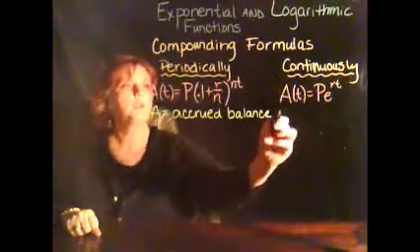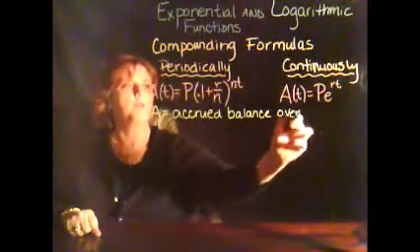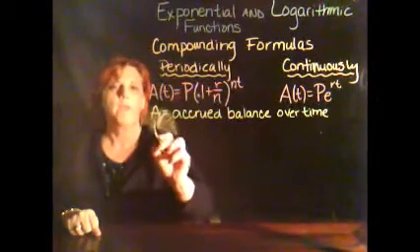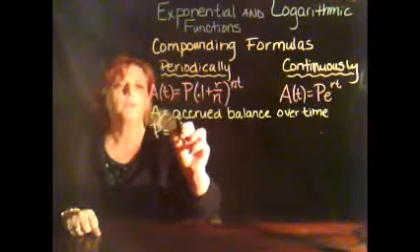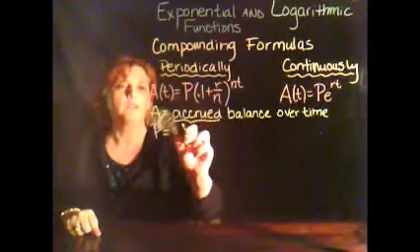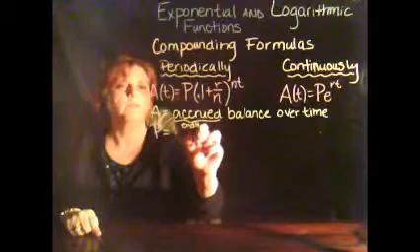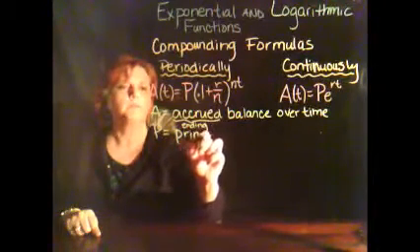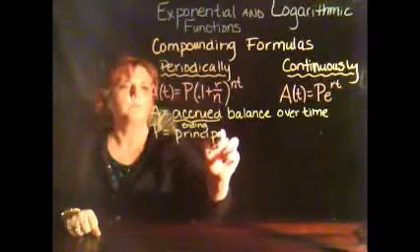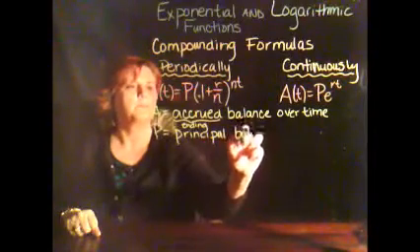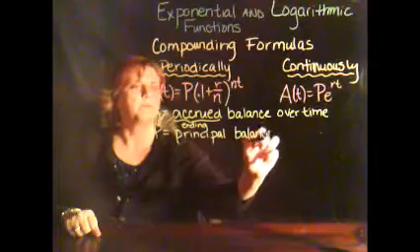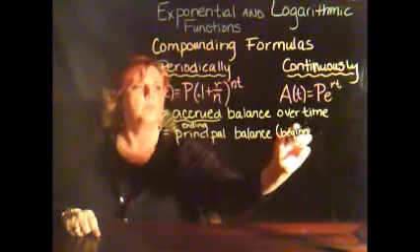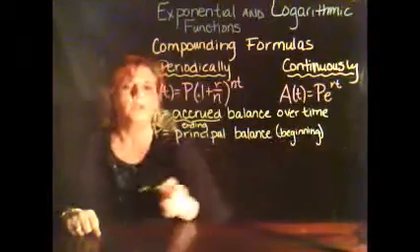So it's the accrued balance over time. The P is going to be our principal balance, and that just means that's what we're starting out with. No interest has yet been applied to that amount.